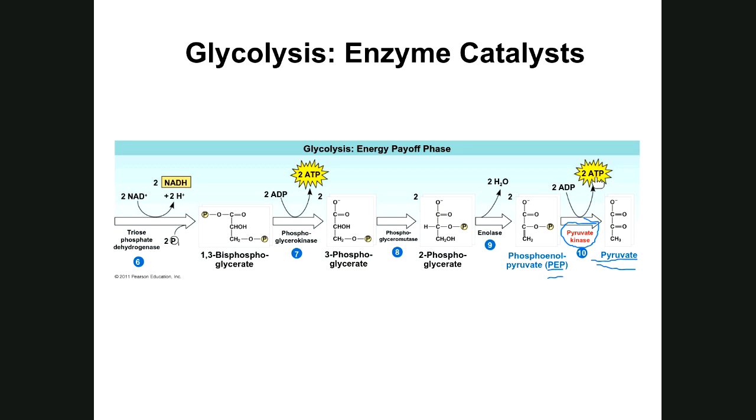Now, what I'm not going to test you on is how it is converting ADP to ATP. Here's that phosphate group. The kinase part of this enzyme takes off the phosphate group from PEP, phosphorylates ADP into ATP. There's one product. And then what's left over, minus the phosphate group, is pyruvate when you compare the 2 molecules.